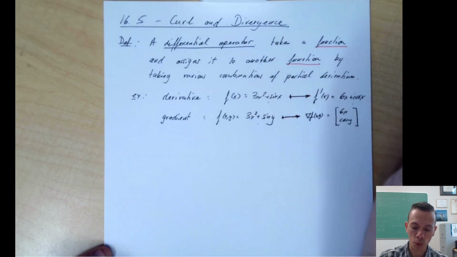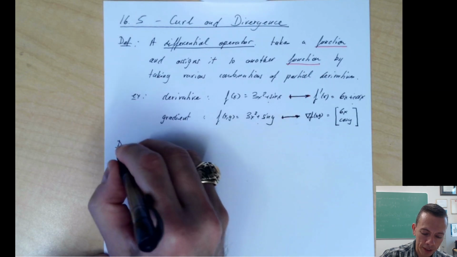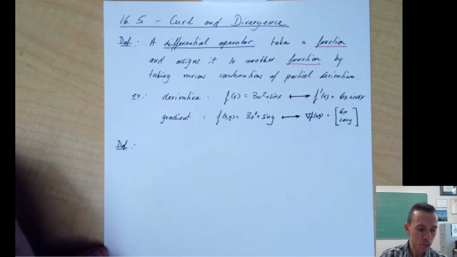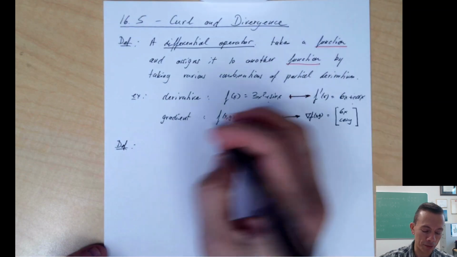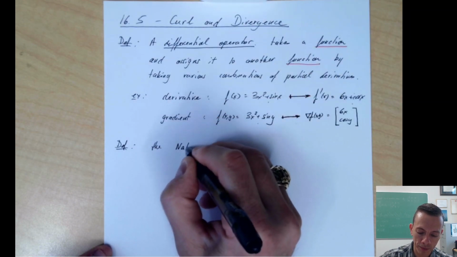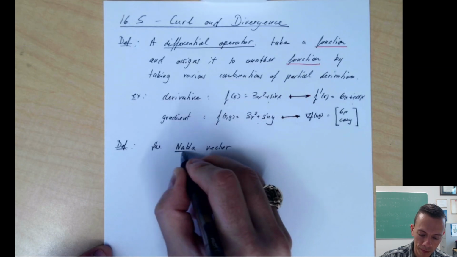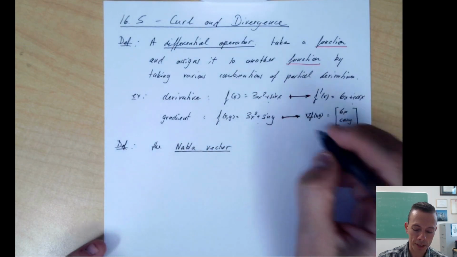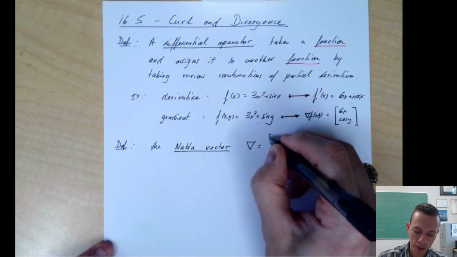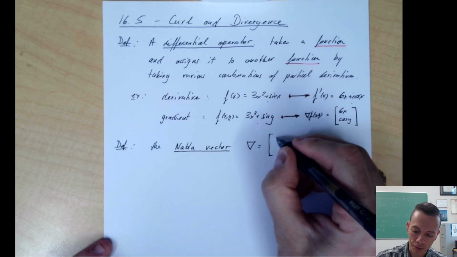We're going to learn a few more today. But first, we need to define just a convenient notation, which is called the nabla vector, N-A-B-L-A, which is symbolized by this upside-down triangle, and is the vector of partial derivative operations.